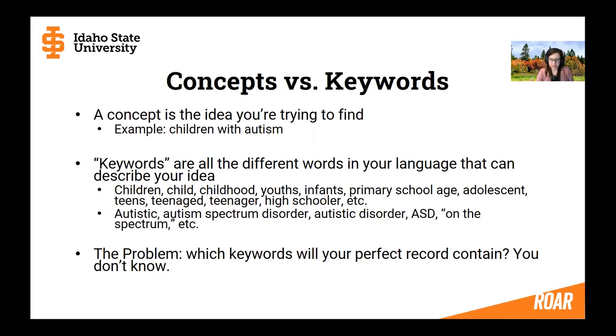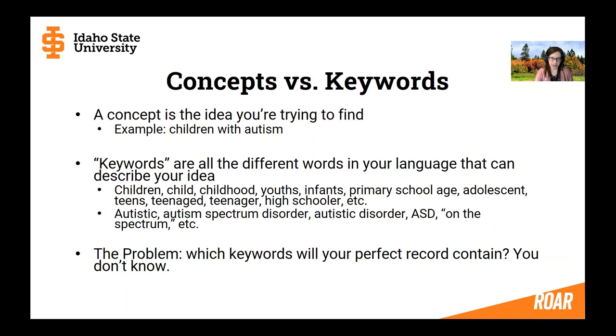So what do I mean by concept versus keyword? A concept is like the platonic ideal of what you're trying to find. A concept I may want to search on is the idea of children who have autism. How do you say that in the English language? You say children with autism. Except wait a second, there are a lot more ways in English to say that idea. Are we talking about childhood autism?